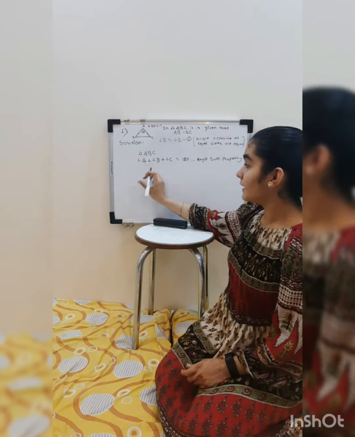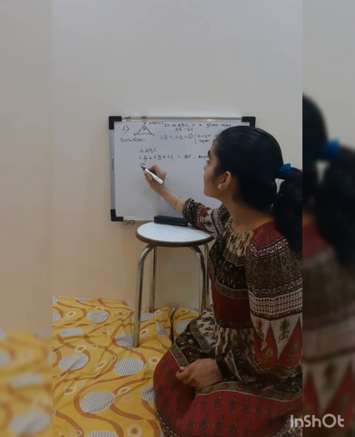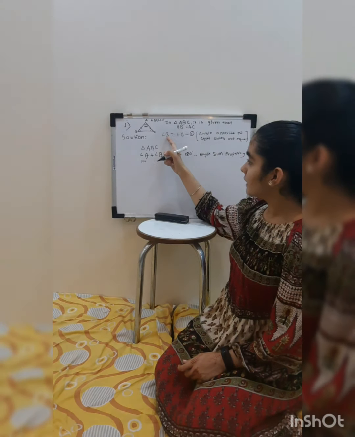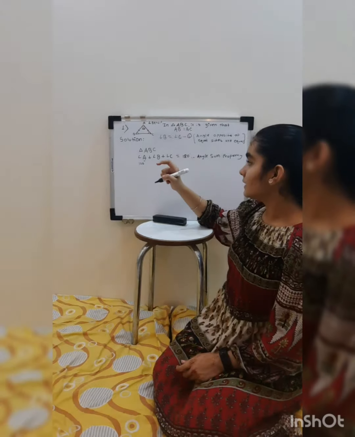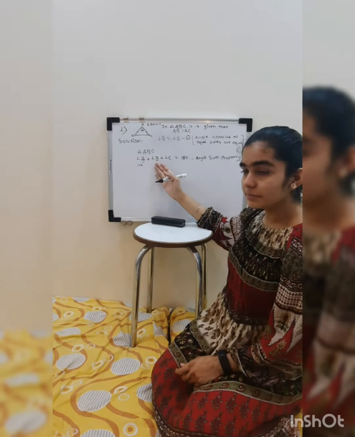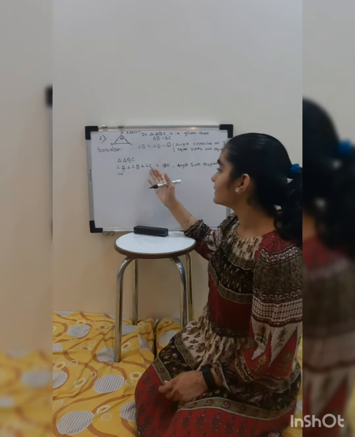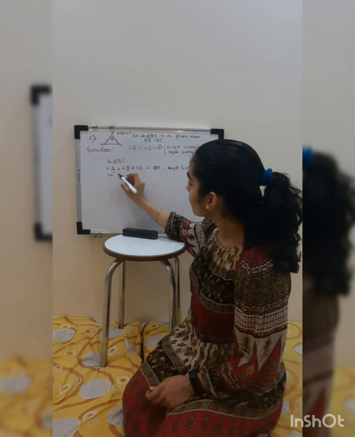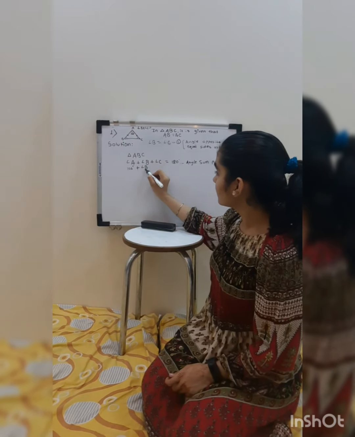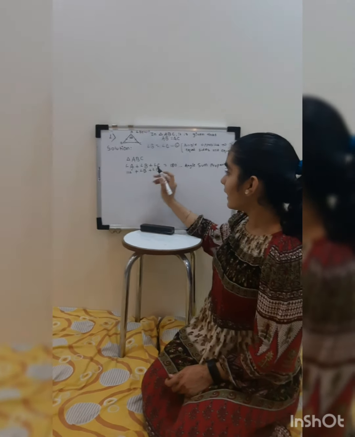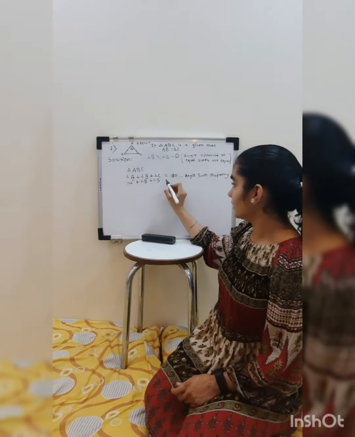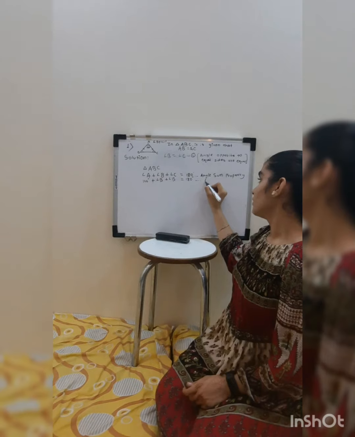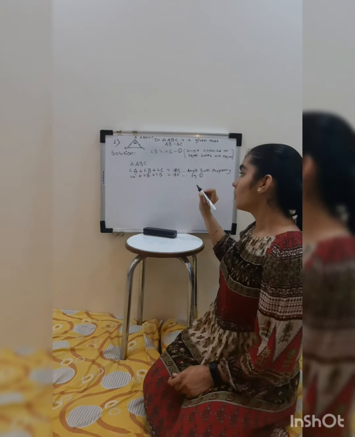Now we know that angle A equals 100 degrees, and from equation 1, angle B equals angle C. That means instead of C we can put B. So we take angle B plus angle B, as angle B equals angle C, and that equals 180. The reason we can write this is equation 1.